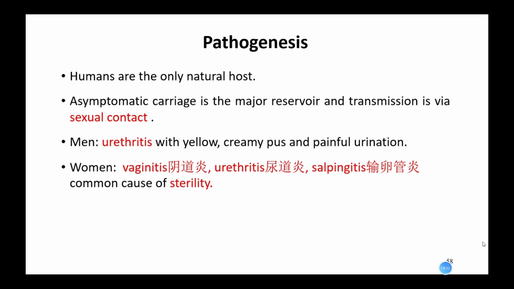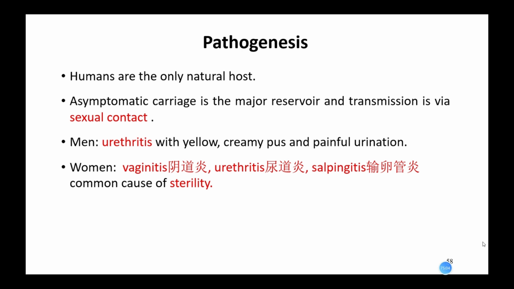So some females, after they get infected, don't develop disease, but they become a carrier. Usually in males, it turns out as active infection such as urethritis with yellow creamy pus and painful urination. So some women might become asymptomatic carriers.